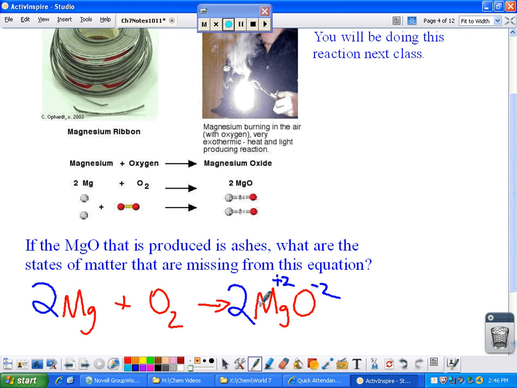So you'll hear me use the same thing in this chapter as we do next chapter. I'll say, first it's the charges, then it's balance the reaction, and then lastly we'll talk about the states of matter. But we're not going to talk about states of matter really this chapter, but predicting states of matter is something we talk about in the next chapter.